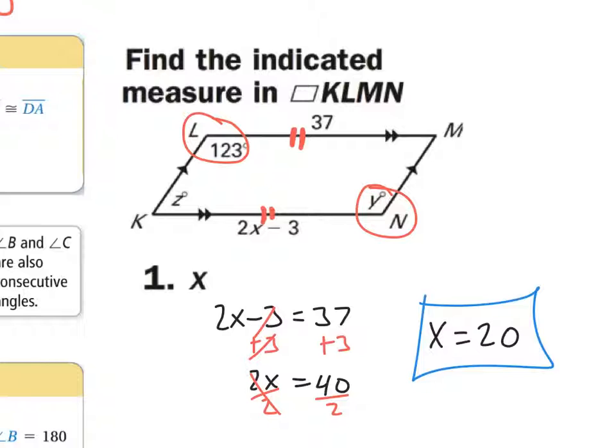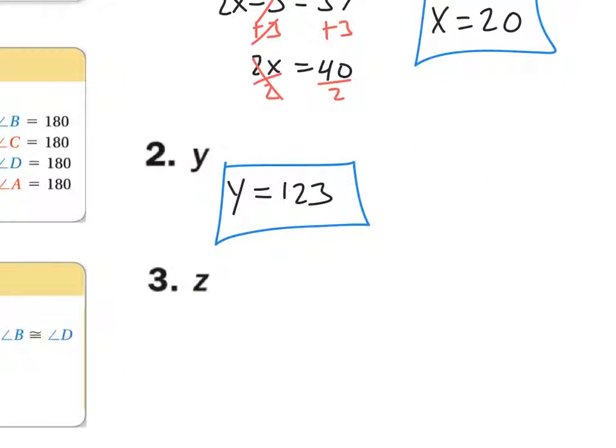Well, how are we going to go about finding z? Consecutive to angle L. We're going to use these two angles. What do we know about the consecutive angles in a parallelogram? They are supplementary. So z plus 123 equals 180. So we subtract out 123.